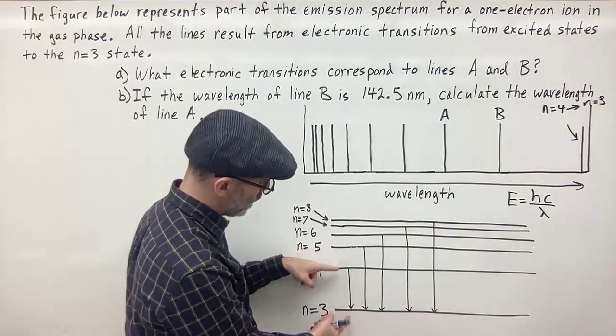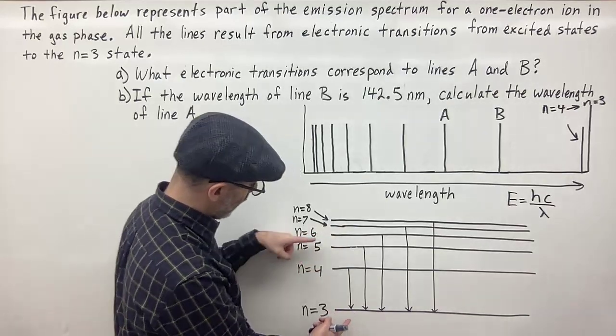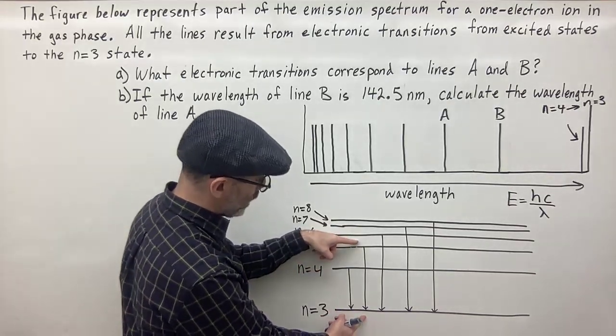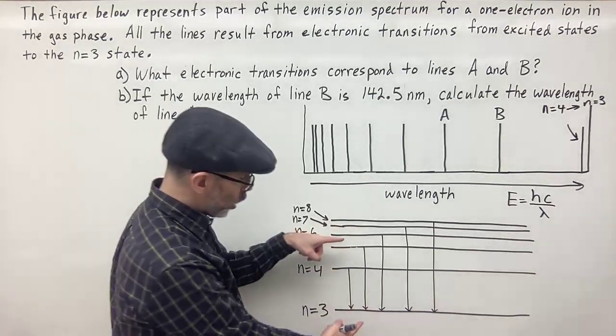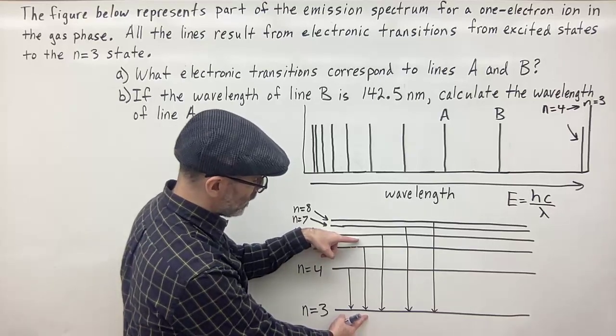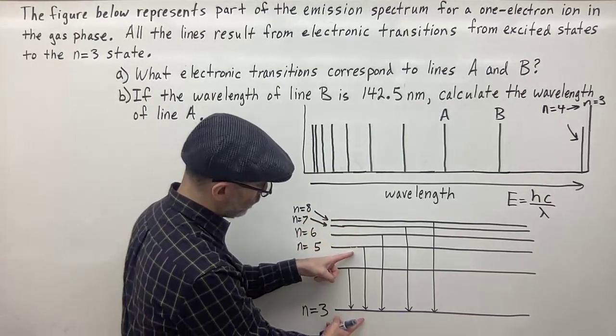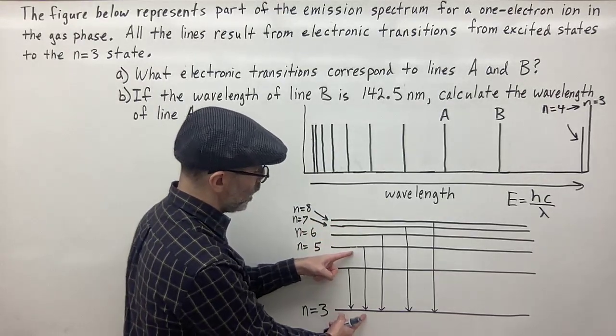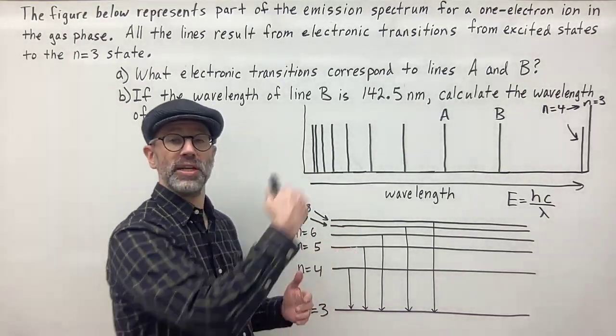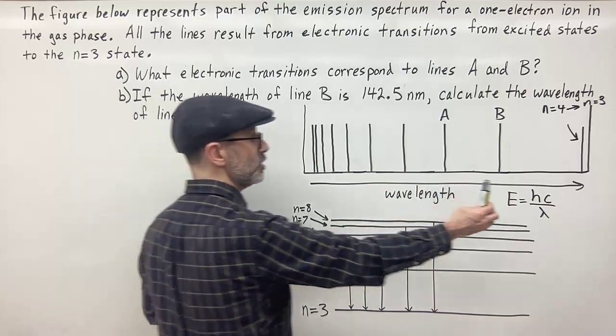You can see here that the next smallest gap is between n equals 5 and n equals 3. So that must correspond to the next line in the emission spectrum.